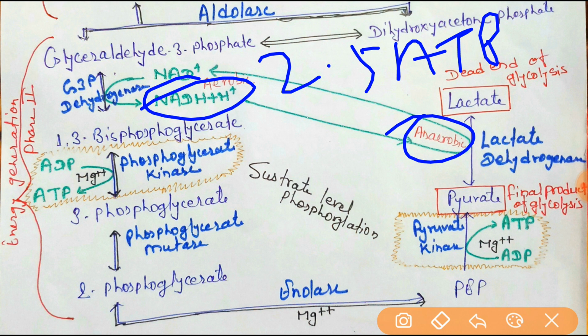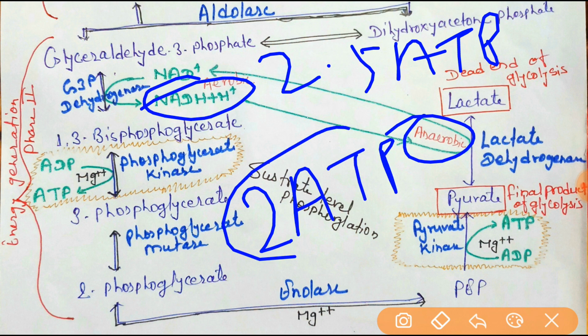So then net gain will be only 2 ATP. So if the question is asked, then net gain will be 2 ATP in anaerobic respiration, and in aerobic respiration 4.5 ATP gain.